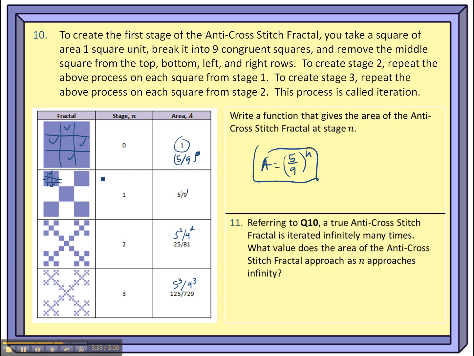Now if I just looked at the pictures and was trying to get this function, I can see that I'm starting with a full area of 1, and every single time I'm just preserving 5 pieces of it. 1, 2, 3, 4, 5. Now each one of these, I'm going to preserve 5 pieces of it. So 5 in this one, this one, this one, this one, and this one. 5 times 5 gives you 25 of them.